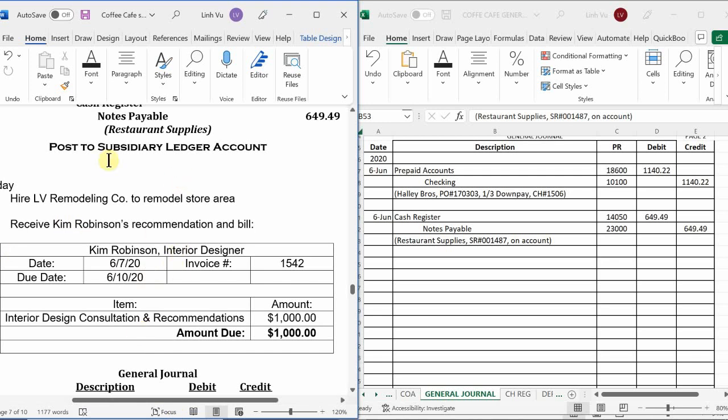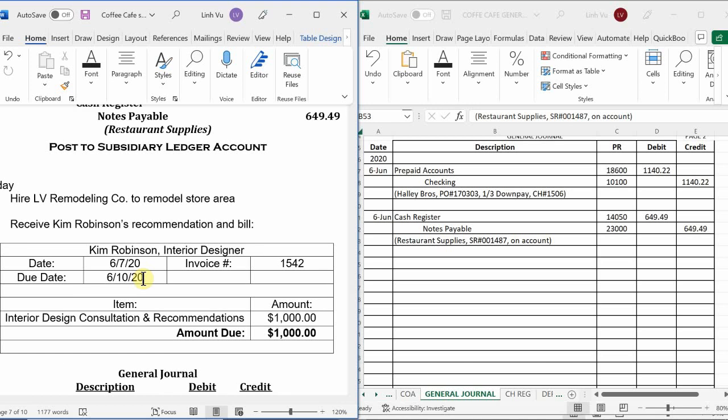Now for this case, I'm going to tell you right now, I'm not going to pay Kim Robinson, because what if I have other priorities or other things I need to pay for to get my business set up and ready for the store? For many businesses, you definitely want to hold off on your bills, especially when you're setting up your business, because I'm going to take advantage of every term possible.